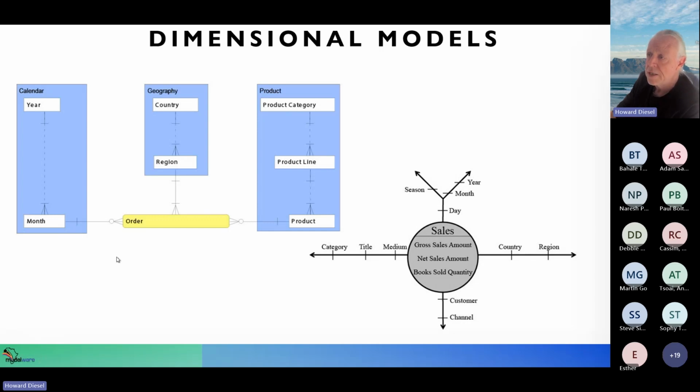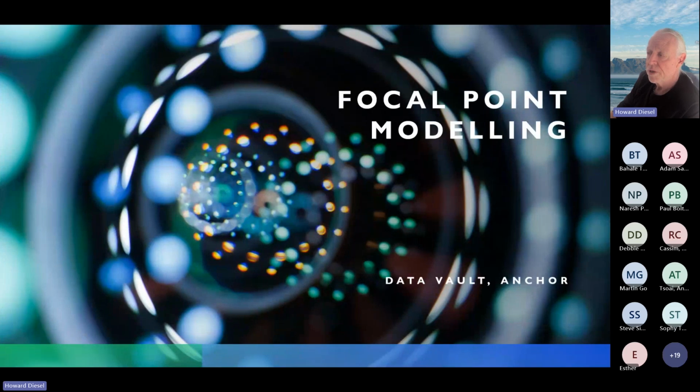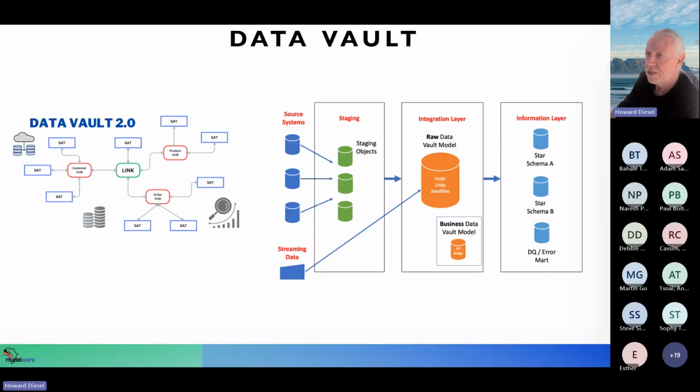Okay. All right, now we go to what's called focal point modeling. And I'm going to try to give you some examples. So the first one is data vault modeling. Okay, can you see there? Hubs, links, and satellites. Now the hub is a core concept. That's an entity. But the nice thing about the hub is it only has one attribute, and that is the customer code or the customer key.